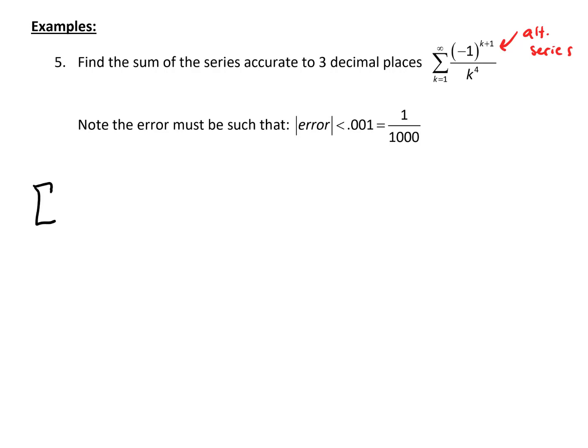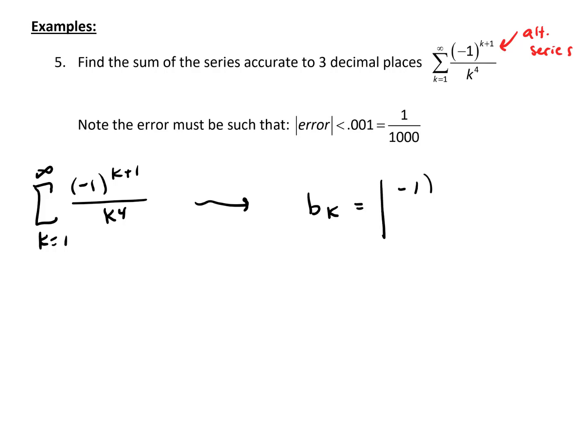So if we take the sum from k equals 1 to infinity of -1 to the k plus 1 over k to the 4th, it's definitely alternating. My b sub k, which is just the absolute value of -1 to the k plus 1 over k to the 4th, is 1 over k to the 4th. And check our two things here. Is this decreasing?